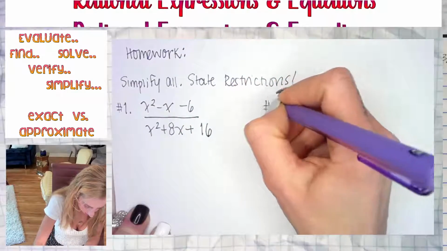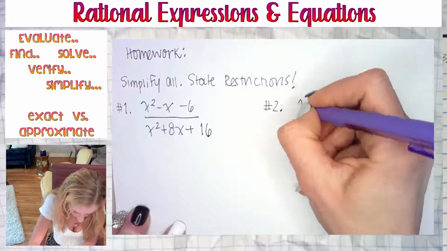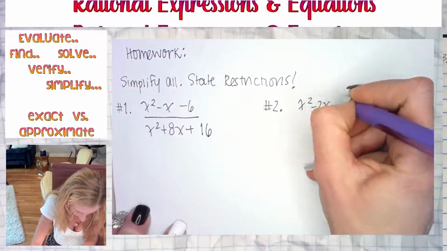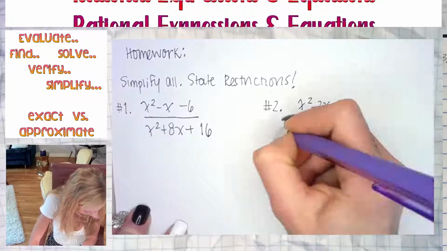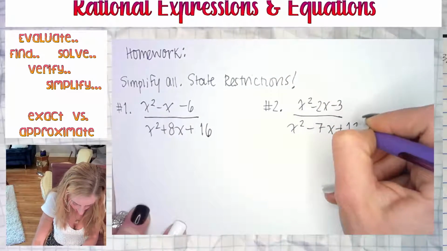Number 2. x squared minus 2x minus 3 over x squared minus 7x plus 12.